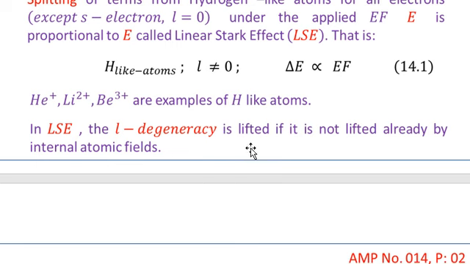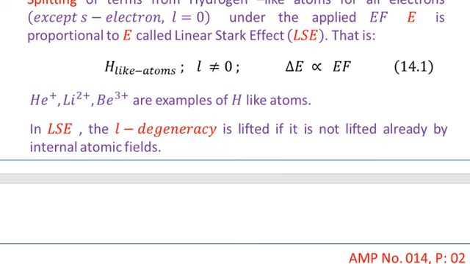That is, the energy of the levels now depends on two quantum numbers, the principal quantum number n and the orbital quantum number L. It is not lifted already. In some atoms, if the L degeneracy is not lifted, then by applying the electric field, the L degeneracy is lifted. In some atoms, for example alkali metal atoms, the L degeneracy is lifted by the internal structure of the atom.